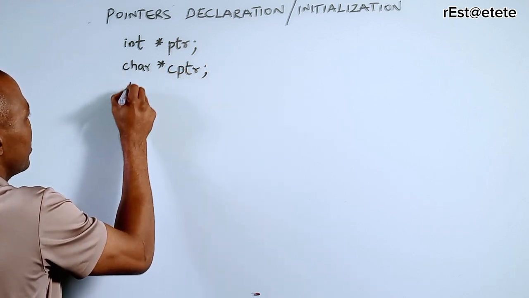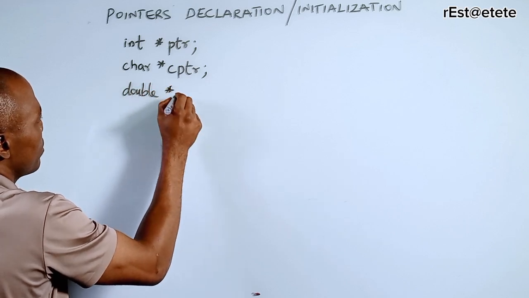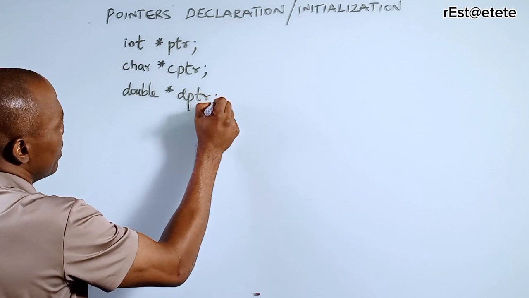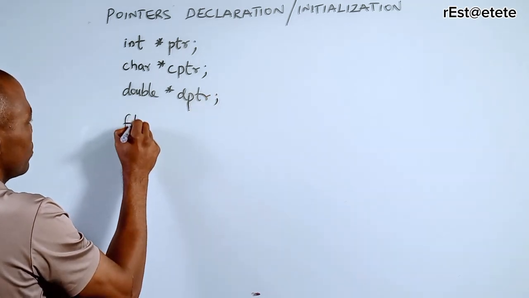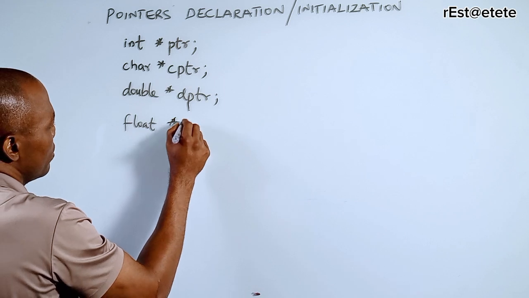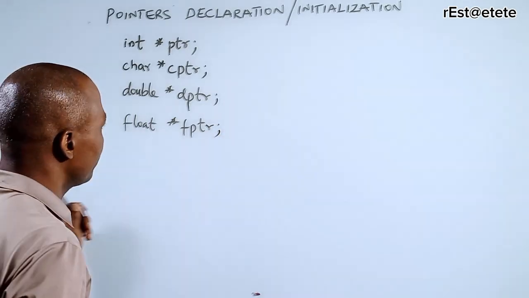Then we can say double, so this is a double pointer. We can say float, so we call it fptr. So this is a float pointer.